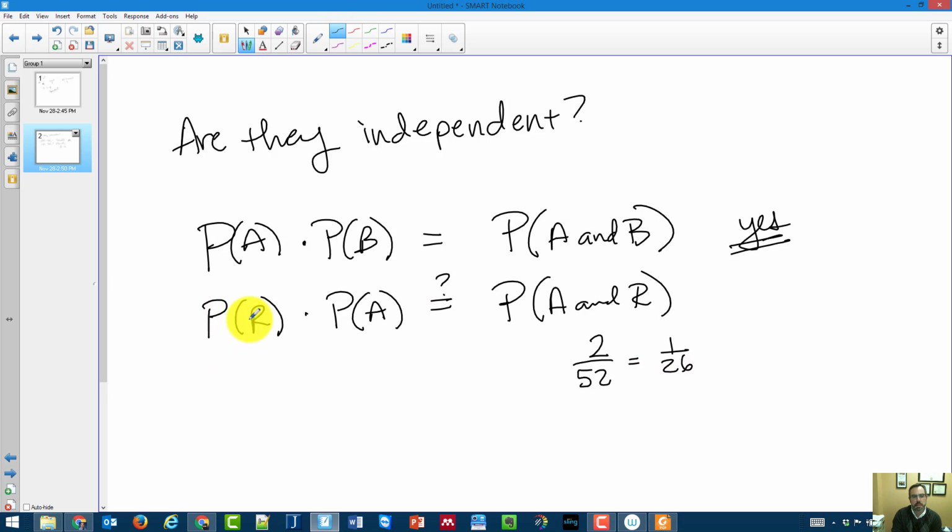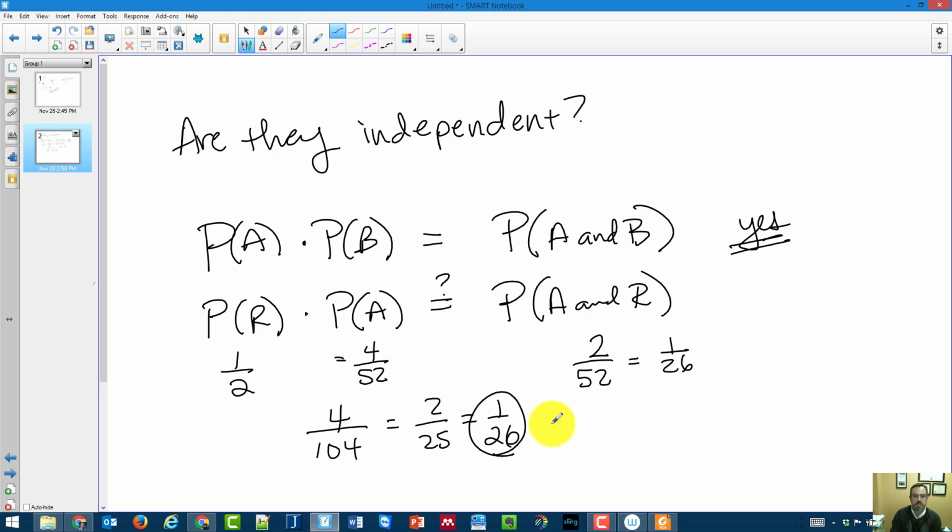Probability of a red card in the deck, well, that's 1/2. Probability of an ace in the deck, that's 4 out of 52. So if I multiply these things together, I get 4 out of 104. And if I do a little reducing, I get 2 out of 52 or 1 out of 26. These things match.